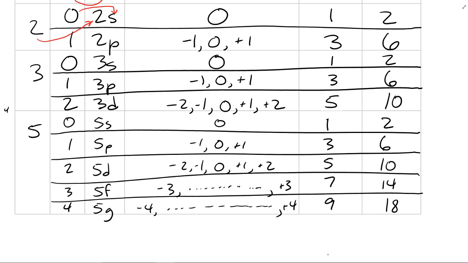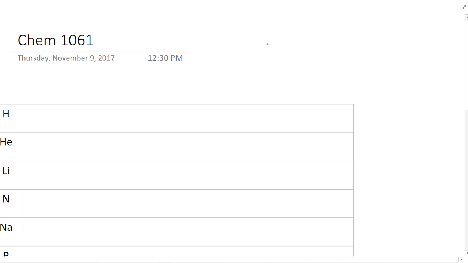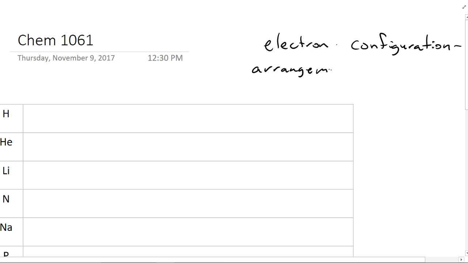All right, then in your packet, we'll go to the next page. And in the next page here, we are going to write out electron configurations. The electron configurations tell us the arrangement of electrons in the atom.